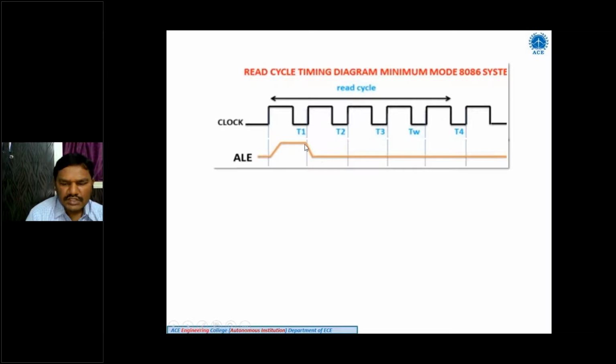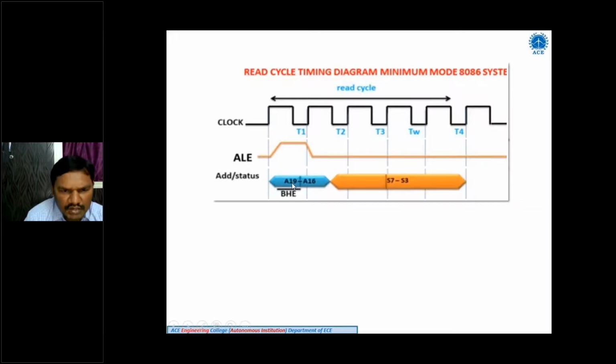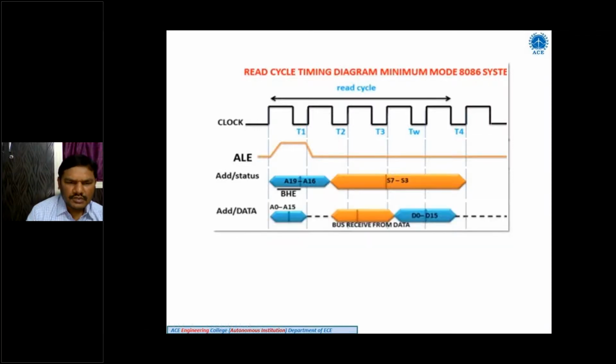So when it is 1 for the first clock cycle T1, you can see here it is giving the address A19 to A16, and from this logic 0, it is giving S3 to S6, because these are multiplexed address and status lines. And here these are the multiplexed address and data lines.